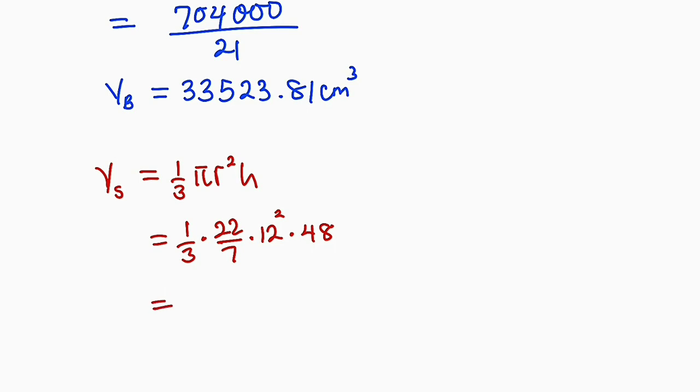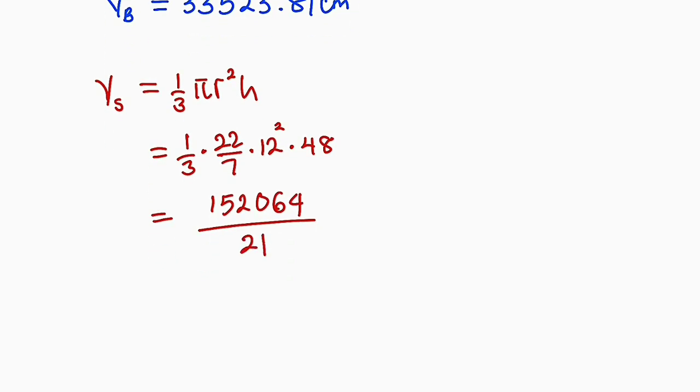So let's simplify. We have 22 times 144, because 12 squared is 144, times 48. That gives us 152,064. Divide by 3 times 7, which is 21, and we have 7,241.14 cm cubed. This is the volume of the smaller cone.